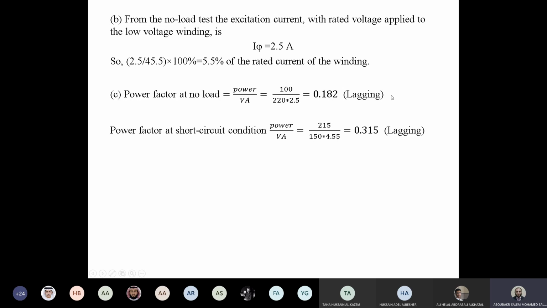All of the transformer circuit is inductive. And for the short circuit condition, the power divided by the apparent power equals 215 watt divided by 150 volt multiplied by 4.55 amps, which is 0.315 lagging power factor. So these are the values of power factor during open circuit and short circuit tests.